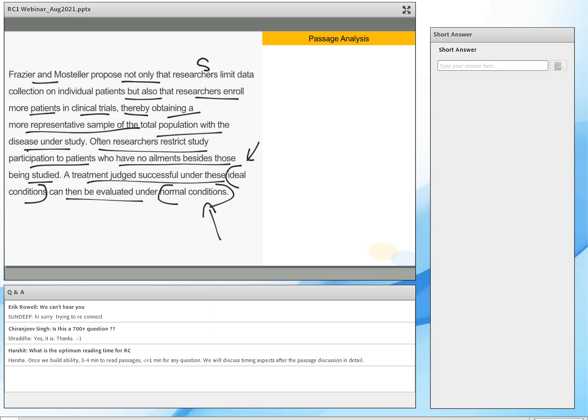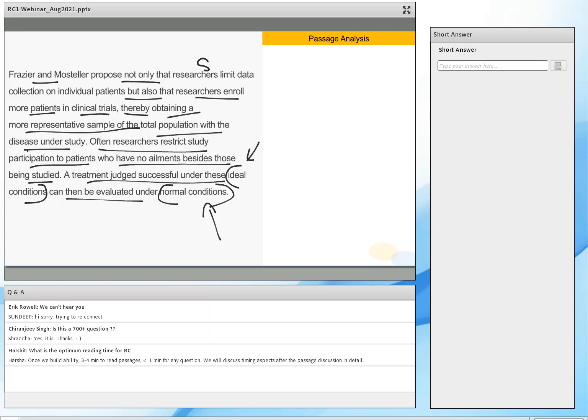So, yes, ideal condition is the best case scenario. Why? Because it is suggested that the current trials only incorporate those people in their studies who suffer only from that particular disease at that point in time.